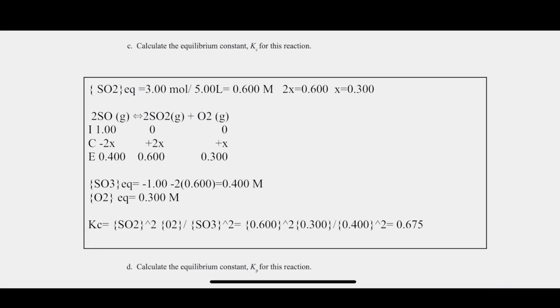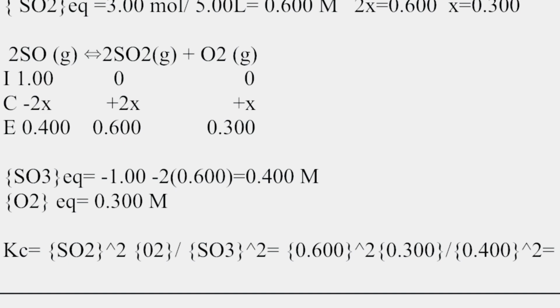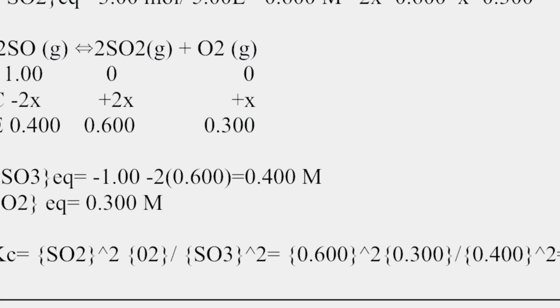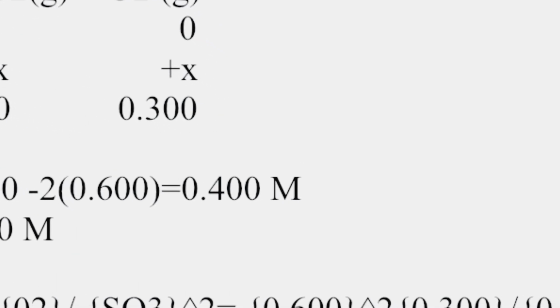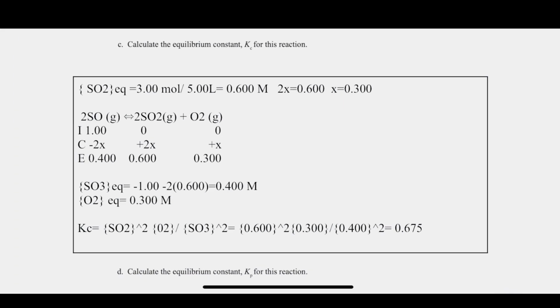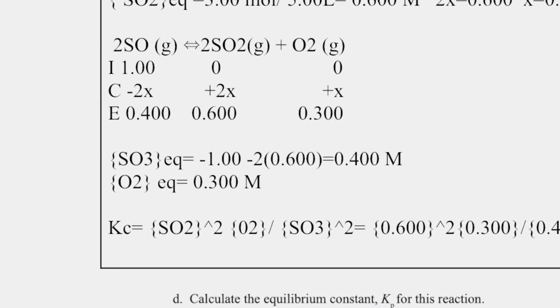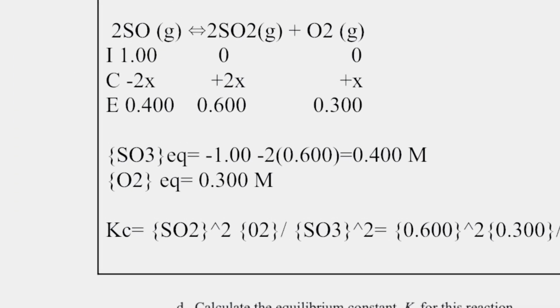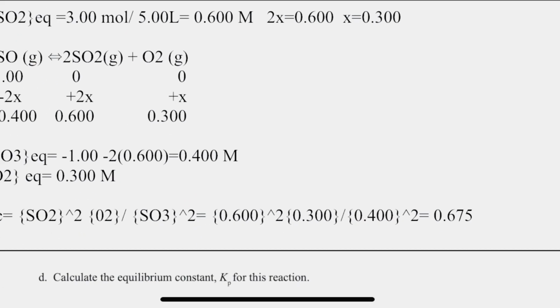So then we're going to plug that back in to get SO3 equals 1 minus 0.60, which is equal to 0.40 M. And then O2 at equilibrium is equal to 0.3 M, and that's why we have them up here, because we're going to use them.